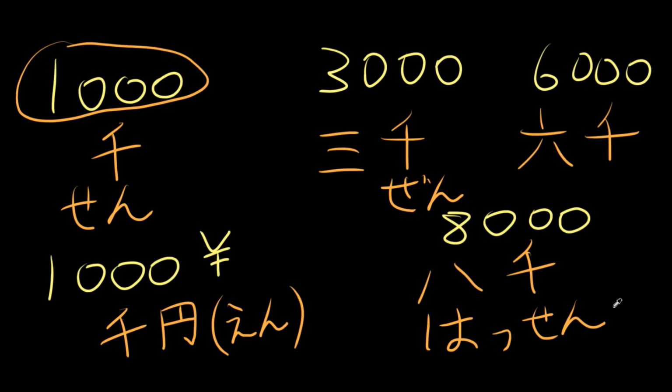10,000 also has its own character. With 10,000, you actually have to use a number before it. I'll show you what I mean. You have to say 1 10,000.